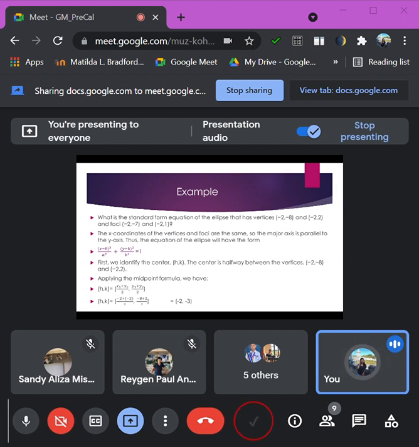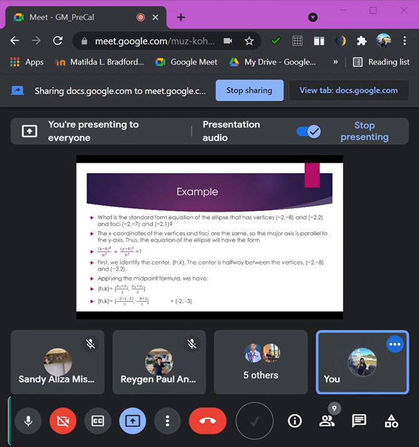So meaning to say ang atong equation nga gamiton is we're going to have x minus h squared over a squared plus y minus k squared over b squared is equals to 1. So, meaning to say, atong graph ani is horizontal.